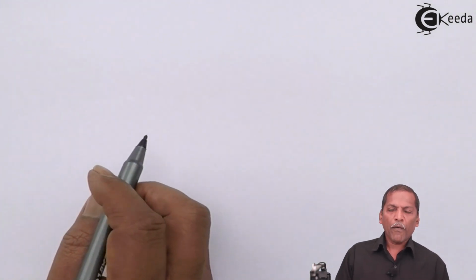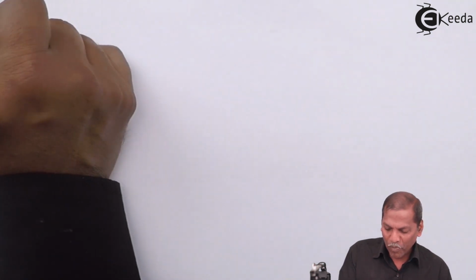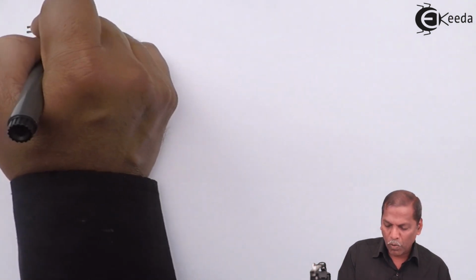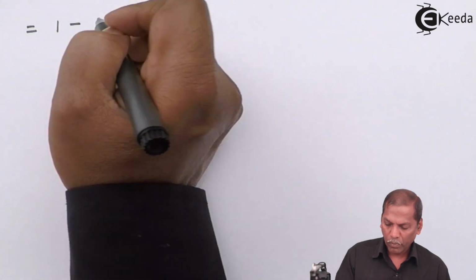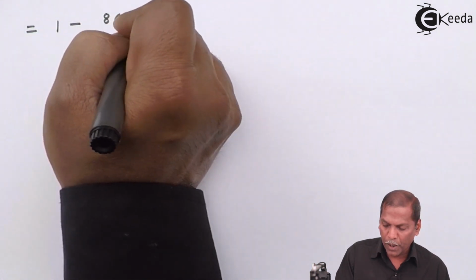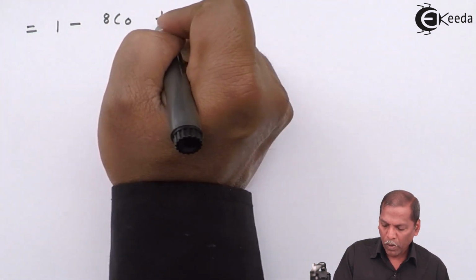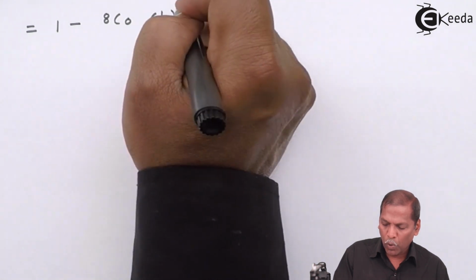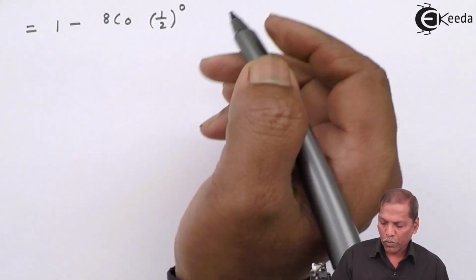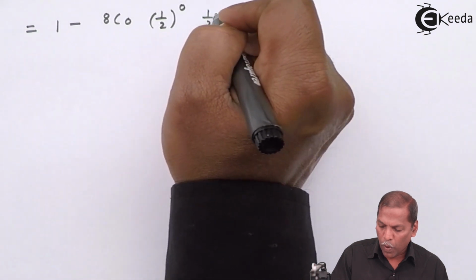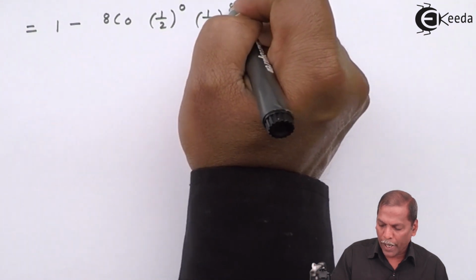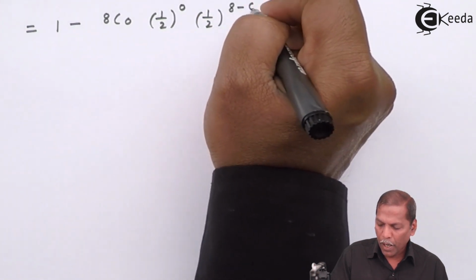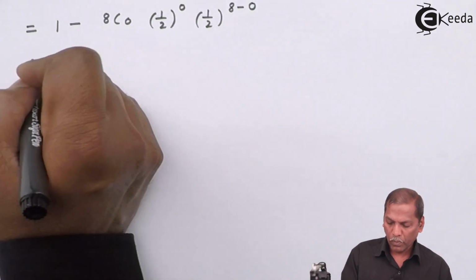So the next step will be equal to 1 minus 8C0 (1/2)^0 into (1/2)^(8-0).